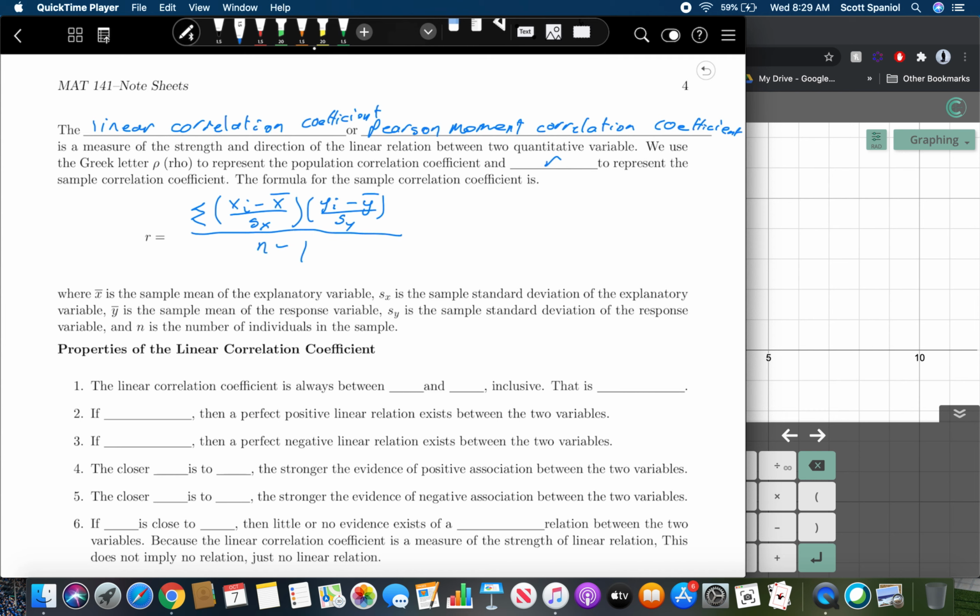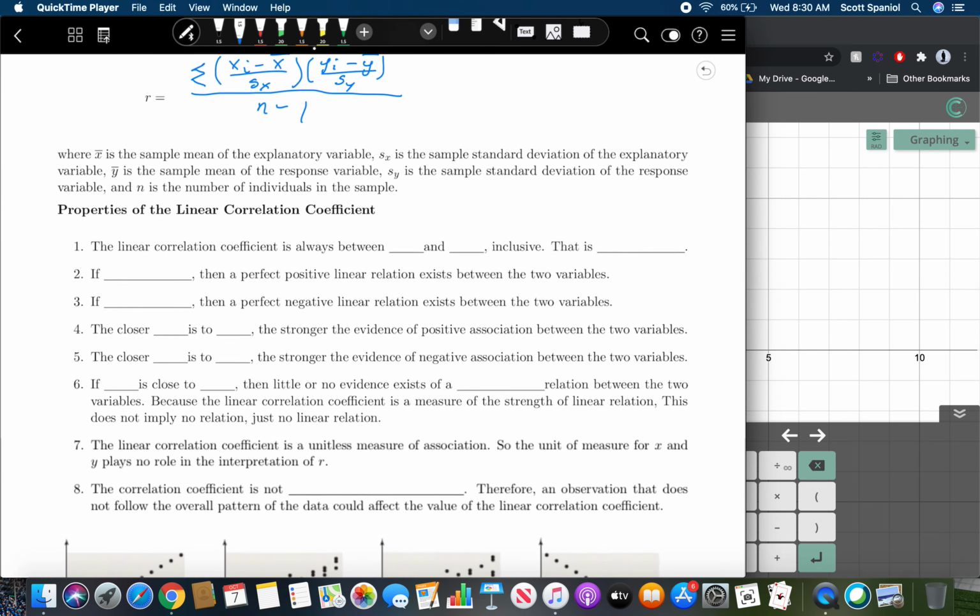So basically what this formula does to get a correlation coefficient is it takes the sum of all the z-scores of the x values times the z-scores of the y values, and then it divides by n minus 1. That's all that really says. You're never going to have to do that by hand. Okay, but that is the formula if you're at all interested in that.